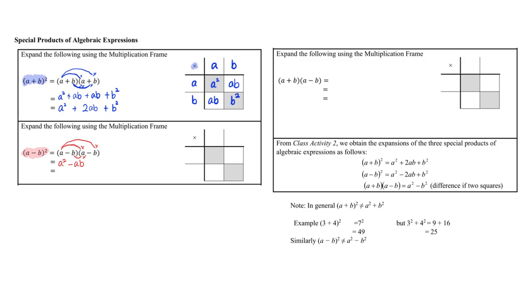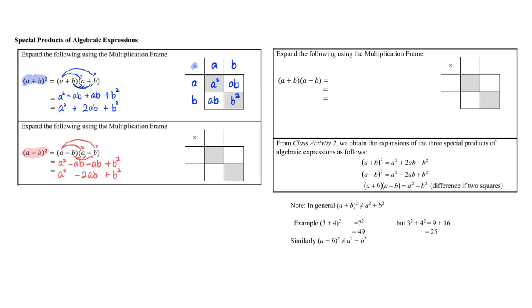Negative b times positive a will give me negative ab again, and negative b times negative b will give me positive b square. And after I simplify the like terms, negative 1ab minus 1ab, there will be negative 2ab, and positive b square at the side.